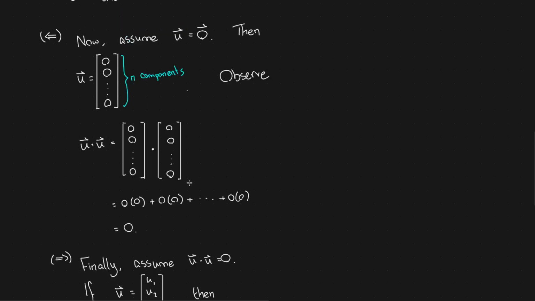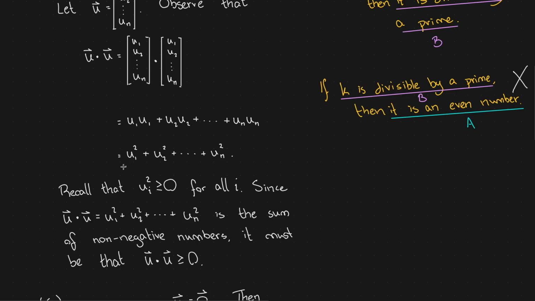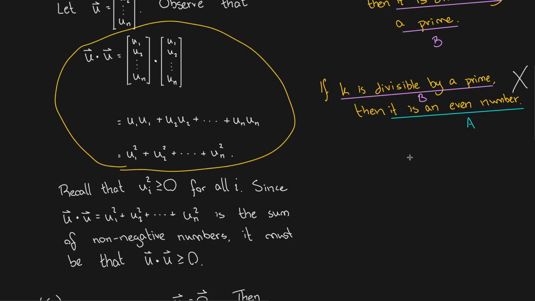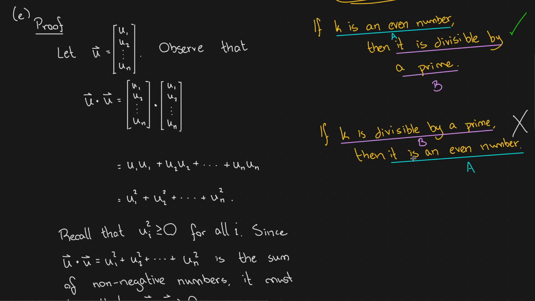And I already did that up here, right? I'm defining u the same way as I did up here. So u dot u must equal this.